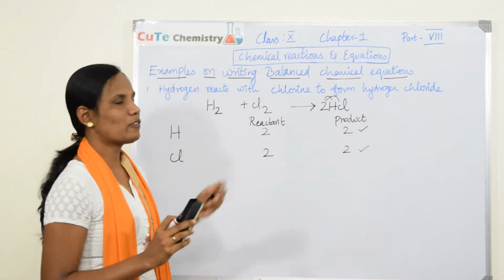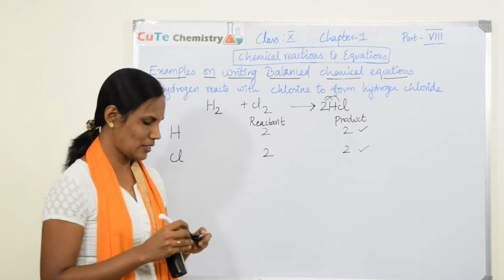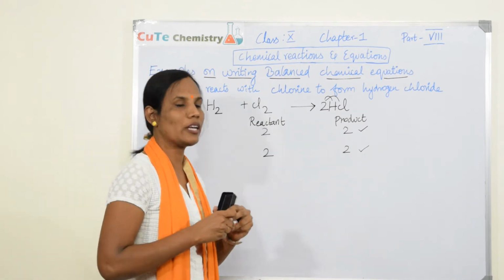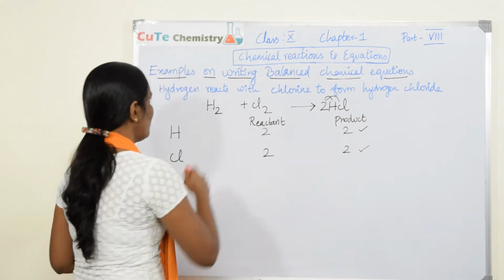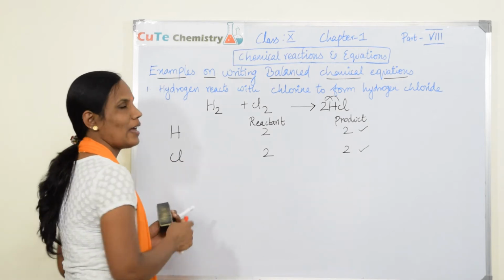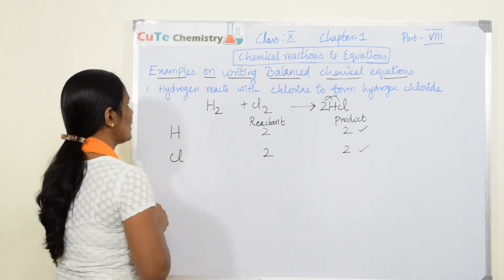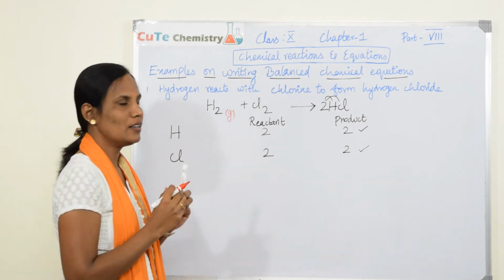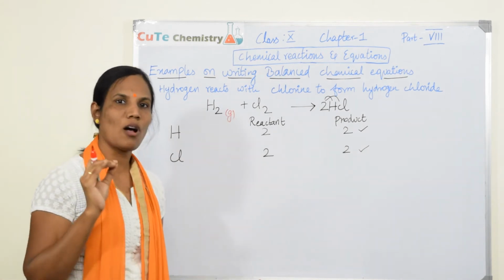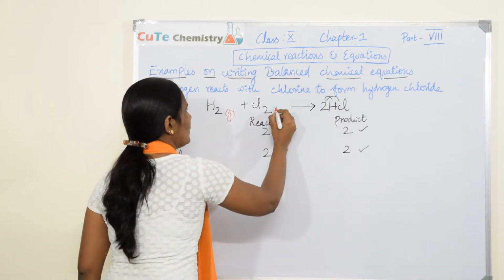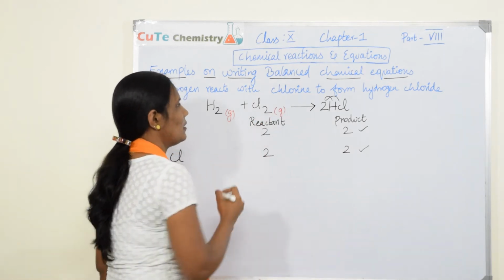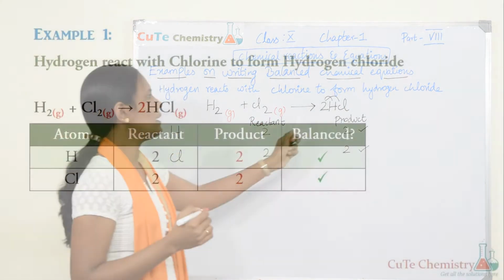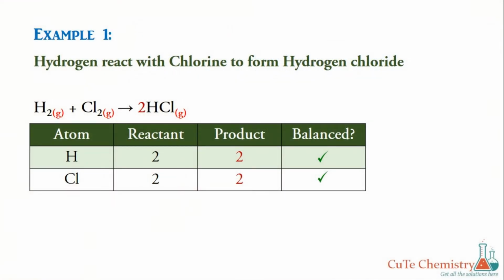Now we have to mention the physical states of the reaction to make the equation more informative. Hydrogen, we know, is a gas. So gas will be represented as g, and chlorine is also a gas only. That chlorine will be represented as g, and it will produce hydrogen chloride.